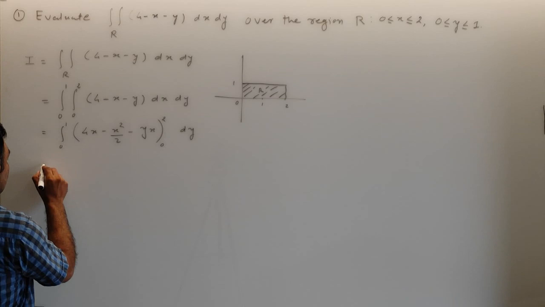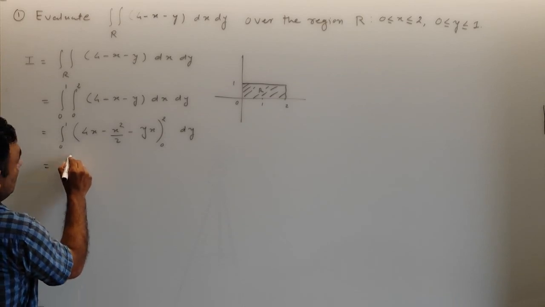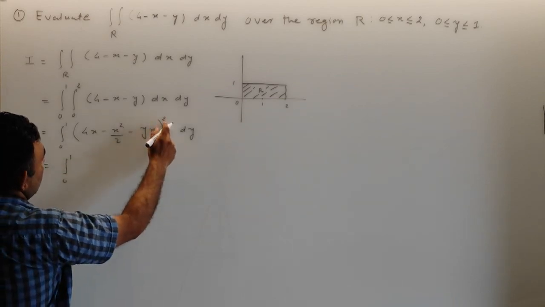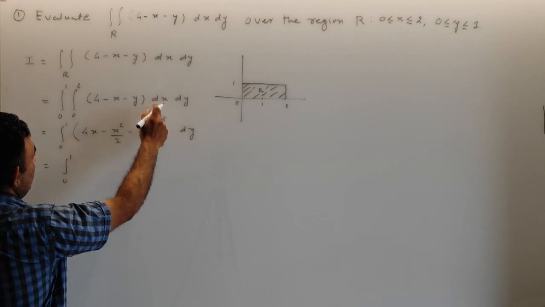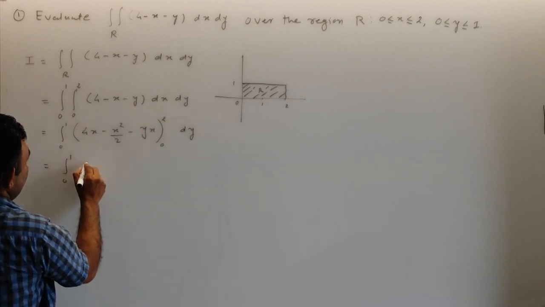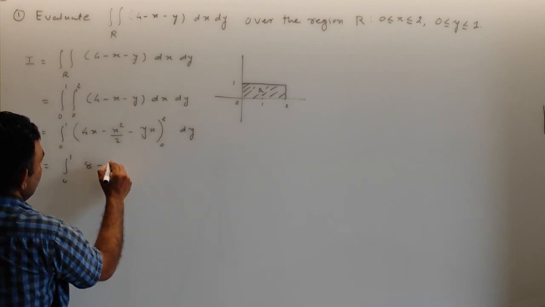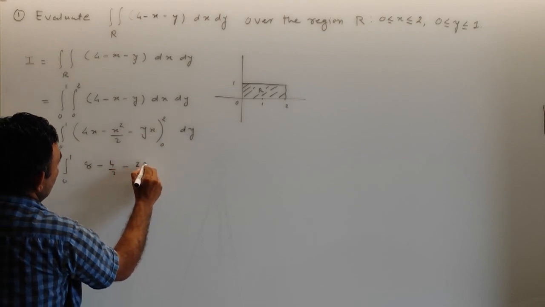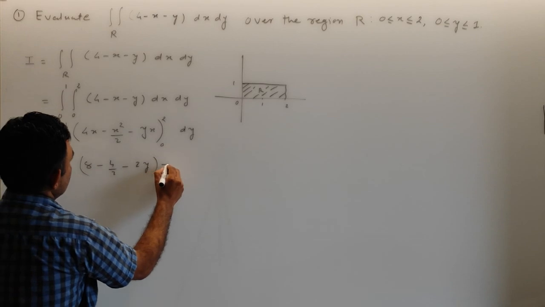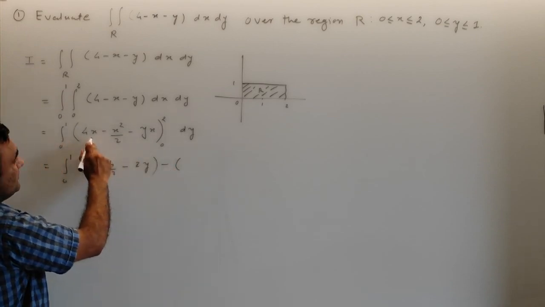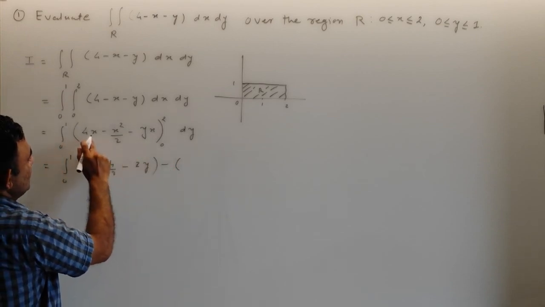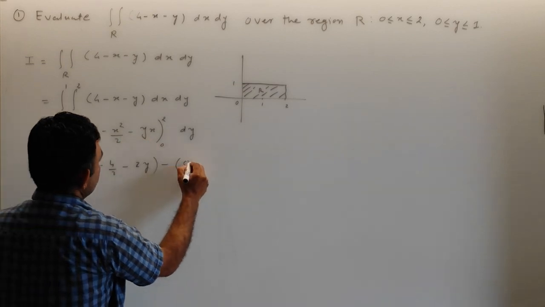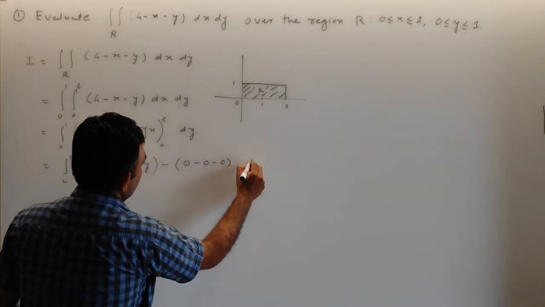Now we replace x by 2 first: 8 minus 2 square is 4 by 2, minus 2y, minus 0. Now replacing x by 0, all the terms contain x, so it is 0 minus 0 minus 0 into dy.